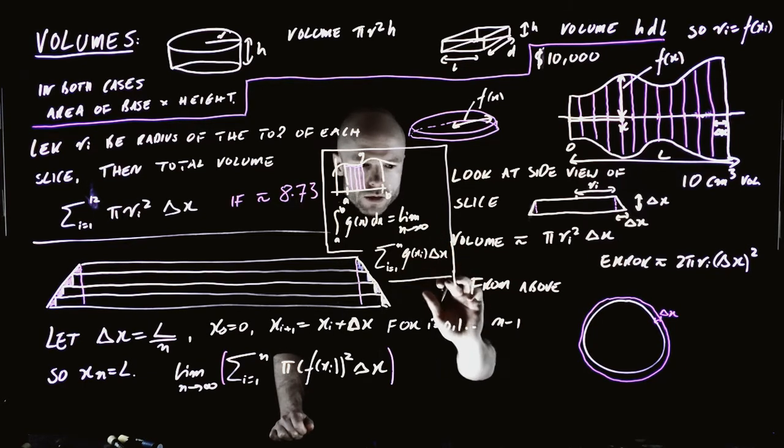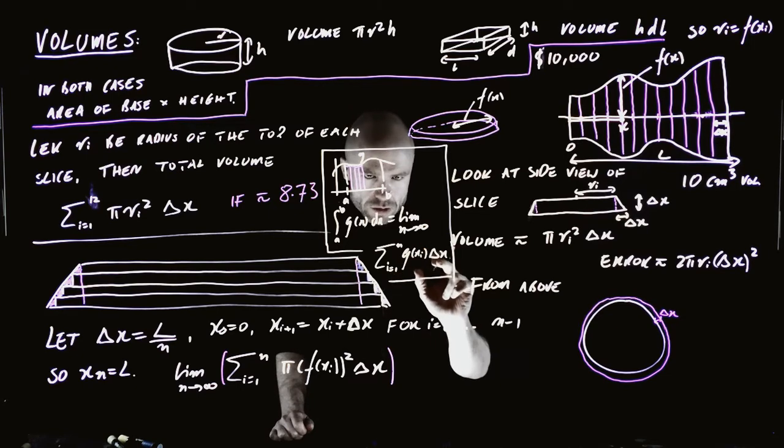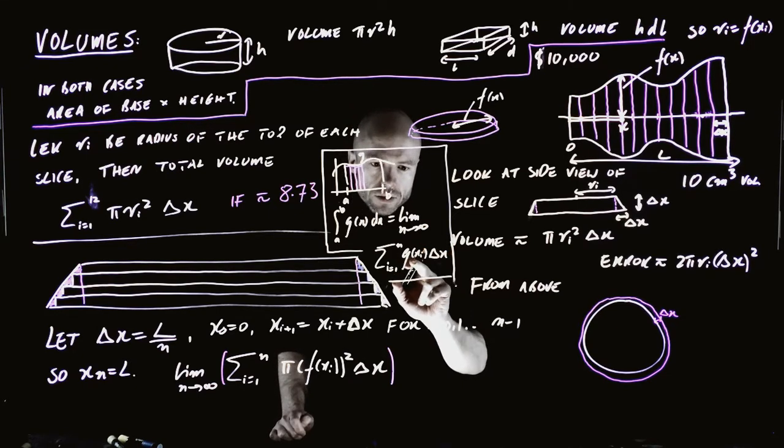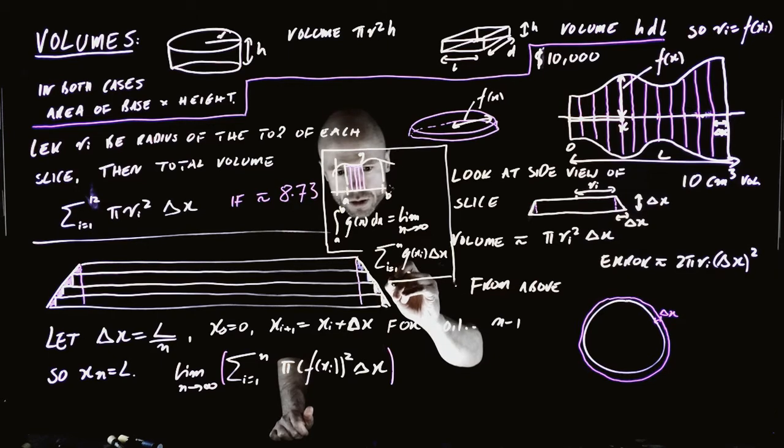Yeah, this is what we know. And each individual expression here is just the area of an individual rectangle. This is the height and this is the base. Okay, this you should be comfortable with.